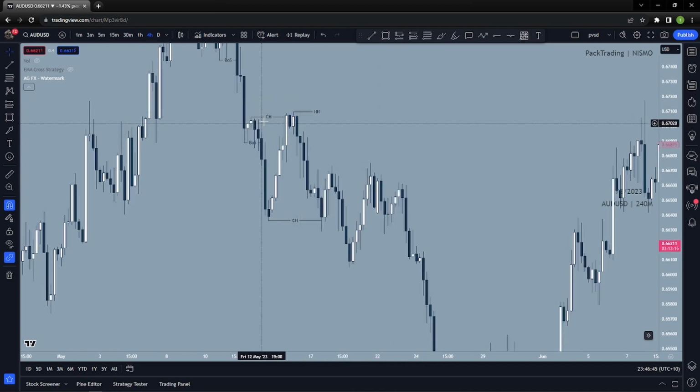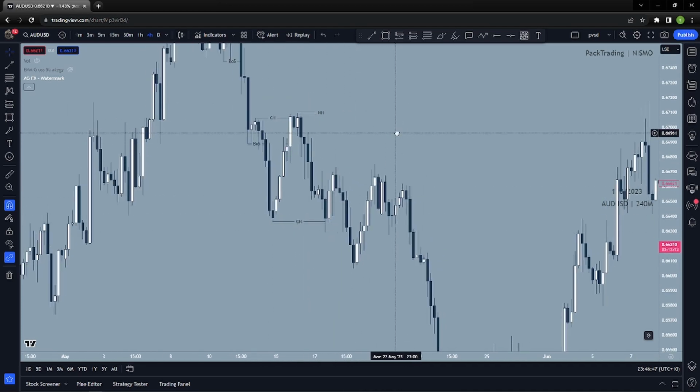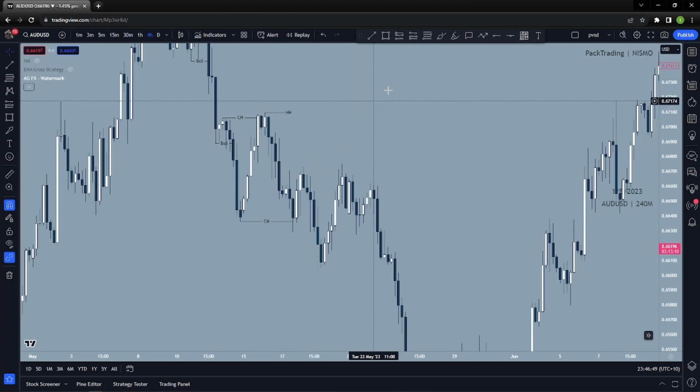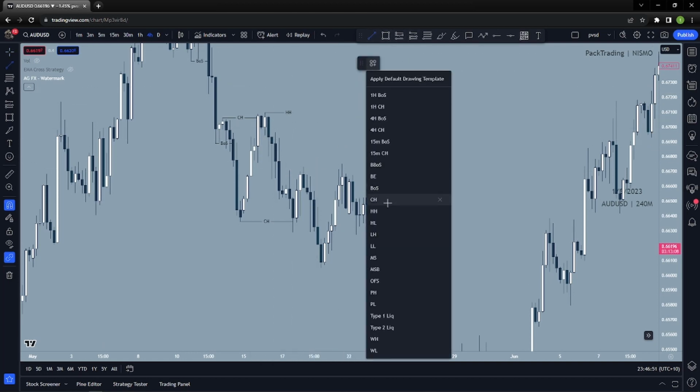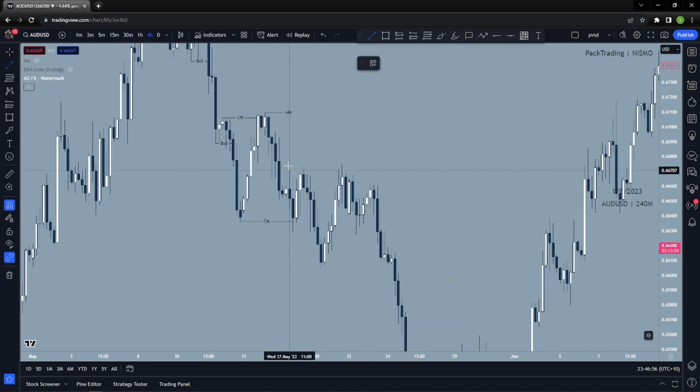That's our high after that choch. Now there's another choch. Now we can mark out our most recent high, which will be this high. What happened? It was a choch. The high got taken out internal, so we're gonna put choch right here. Bang.